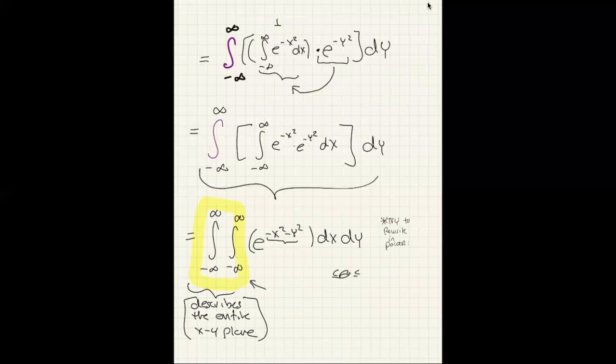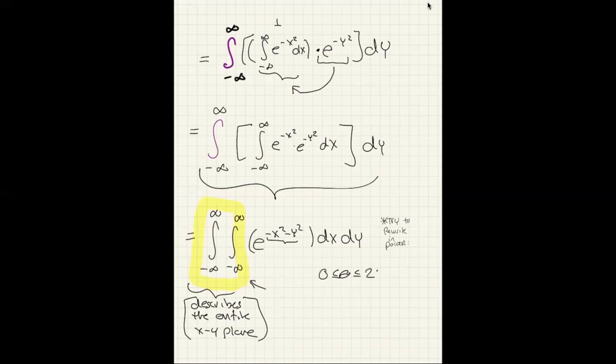Well, what are my theta values going to range from? I'm including everything, right? I'm not missing any slivers. I'm starting from the positive x-axis, swinging all the way around to include it all. I'm doing a full rotation, all of these rays. That's what I mean by that. So my theta is going to run from 0 to 2 pi.